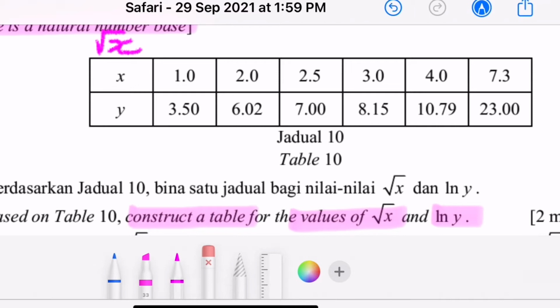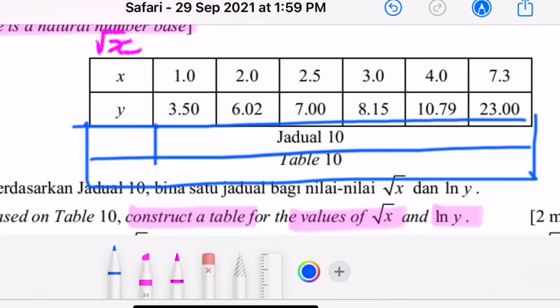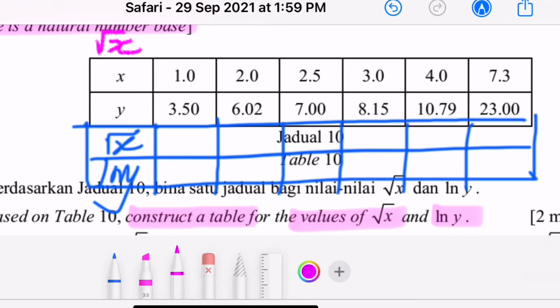So I'm going to create a new table here. You have to label the new axes square root x and ln y. Press the calculator, square root 1, you get 1.00, right?